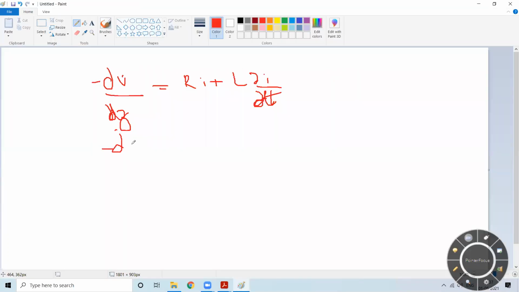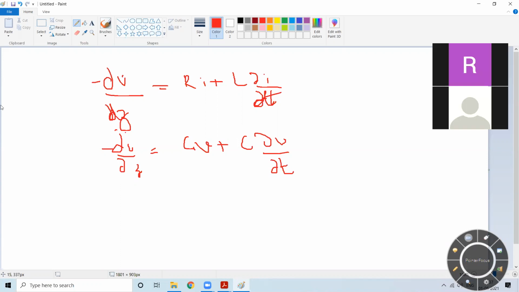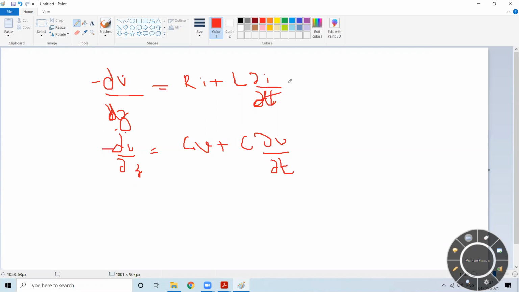Next we had minus dou i by dou z, which was given by Gv plus C into dou v by dou t. So these two equations are the coupled equations.